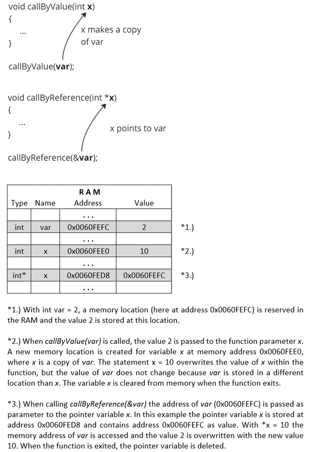Functions can be called in two ways. A distinction is made between call by value and call by reference. These two calls differ in the type of values that are passed to them as parameters. In this chapter, you will learn where the differences lie and when you should use which method.